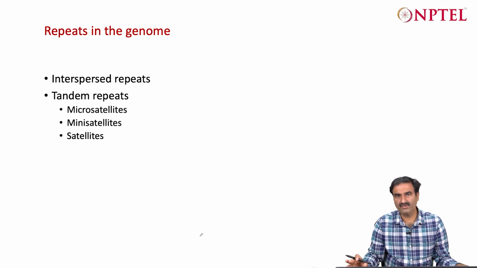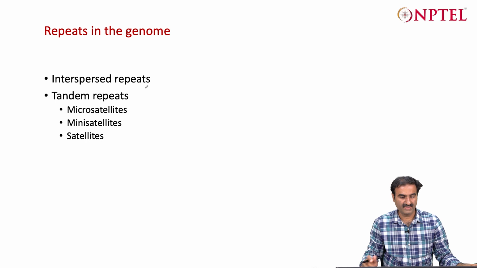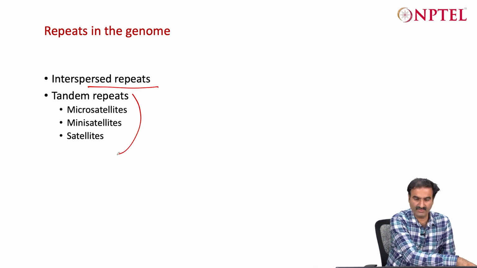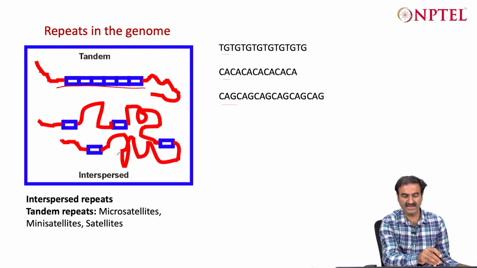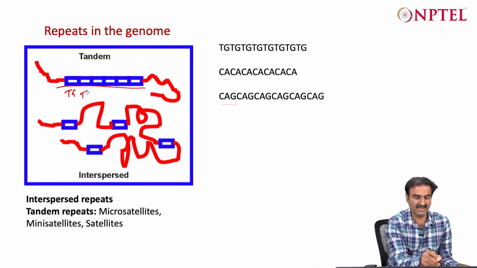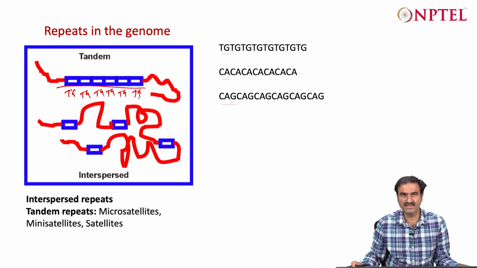Okay, now just an overview of what repeats are. There could be interspersed repeats, or there could be tandem repeats. We will see them in detail. Tandem repeats are repeating units, like TG, TG, TG, TG, TG, six or more in a genome.